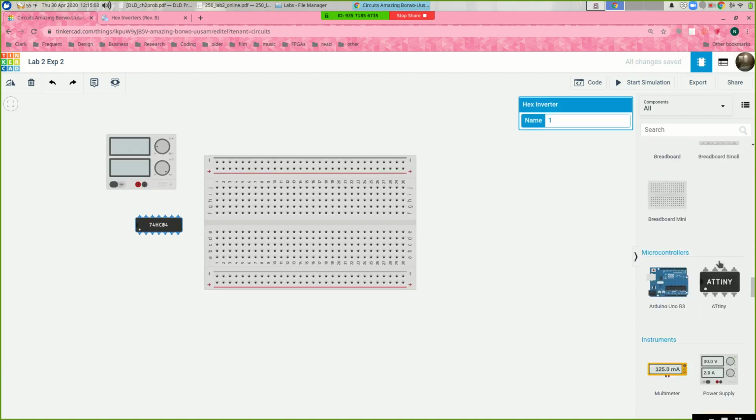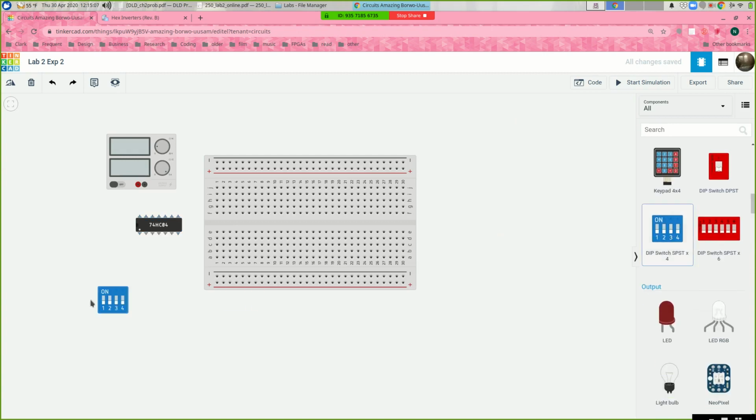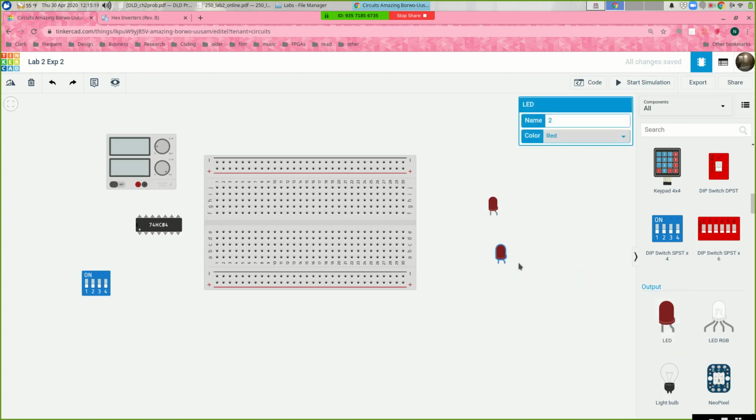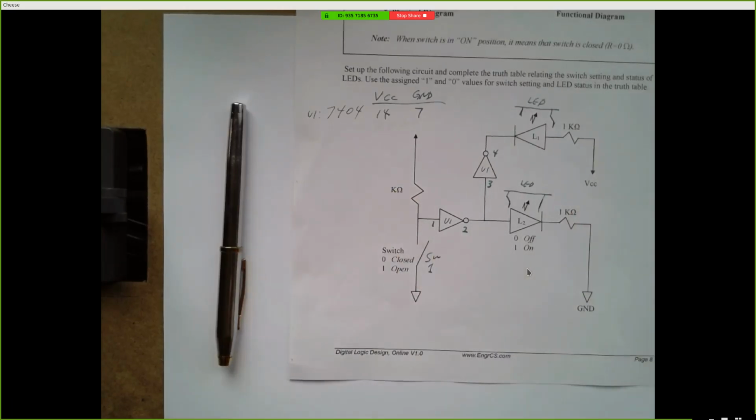And we're going to need a dip switch. DIP stands for dual inline package, and it means that there's a line of connectors on one end and a matching line of connectors on the other end. All right, we're going to need 2 LEDs, and 1, 2, 3 1K resistors.